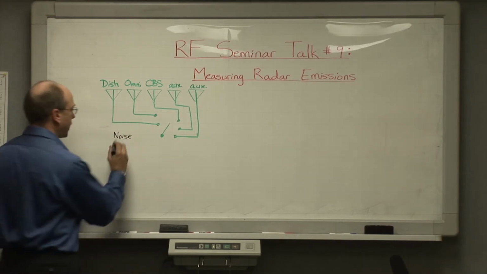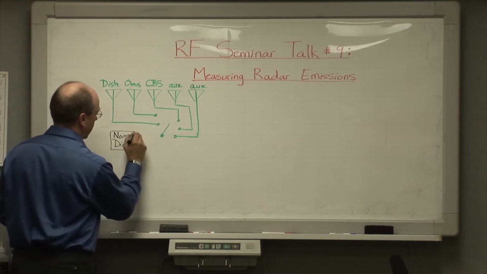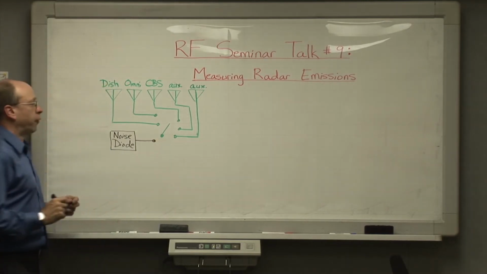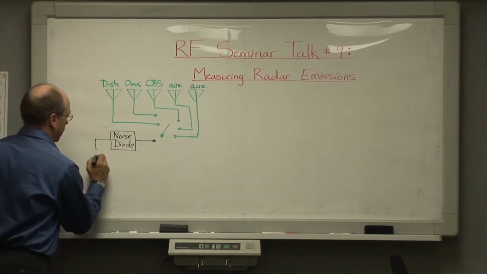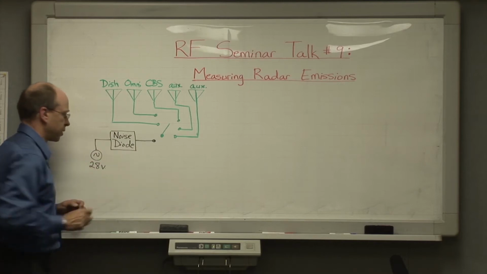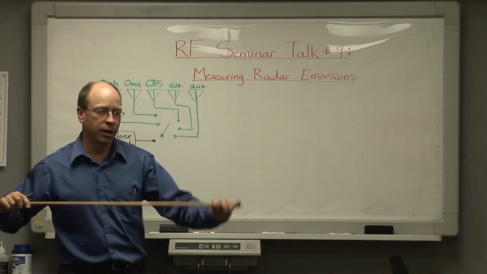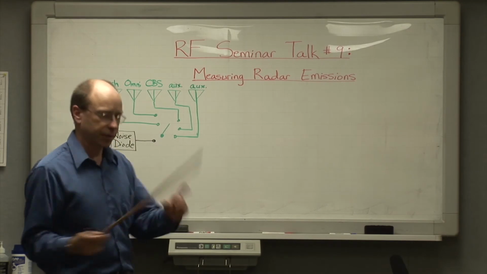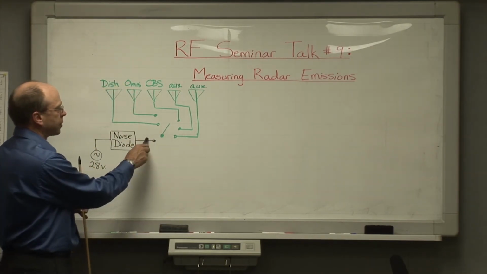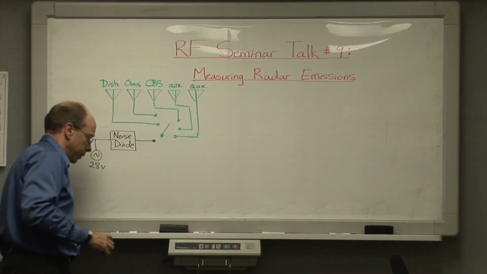I'll do an entire talk about calibrating with noise diodes, but for now, just be aware that in the front end, we also have an input for a noise diode, which itself is powered with a 28 volt power supply, and this noise diode will be kept normally as a component inside the front end box. It's about so big, I showed it in the last talk. So we can switch to the noise diode to do a calibration, and then we can switch to any of the antennas that we need to use to do the actual measurement.